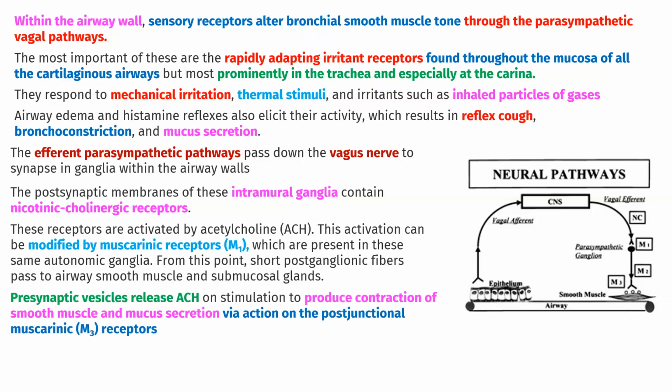But when there is a constant trigger, acetylcholine is being released all the time, and that keeps acting on the M3 receptor, and the negative feedback mechanism is lost because of the persistent acetylcholine release. That is the reason why these people suffer from prolonged bronchoconstriction.